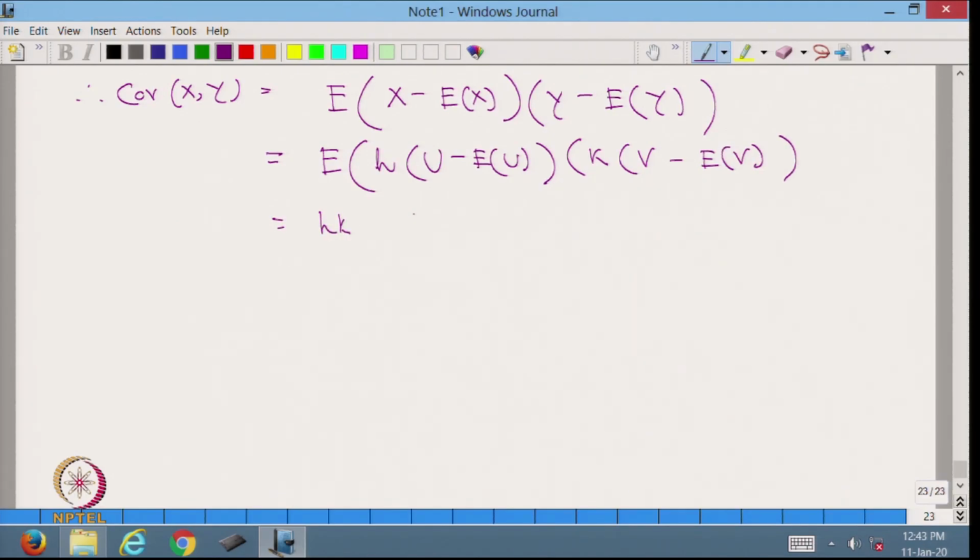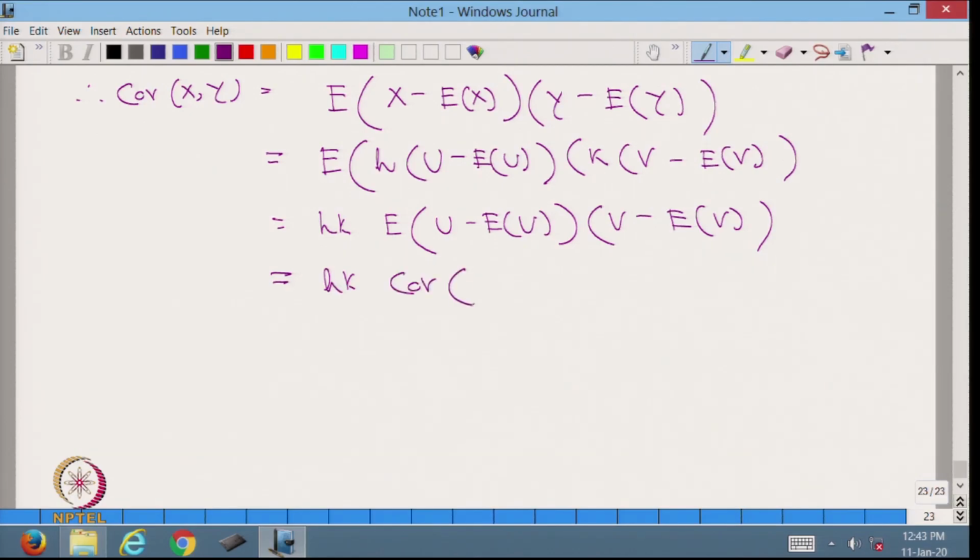If we take that out, then it is going to be expected value of u minus expected value of u into v minus expected value of v, is equal to h k into covariance between u comma v.